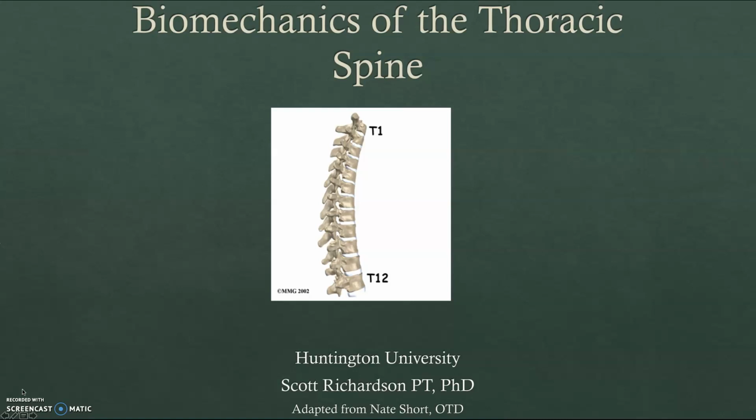Yes? When you write the grades for documentation, how do you write that again? Oh, the range of motion? Yeah. So if you're measuring elbow flexion, you would say 0 to 120 degrees of elbow flexion. When you're lacking, that's when you write it differently.